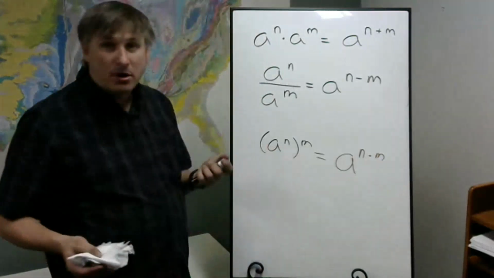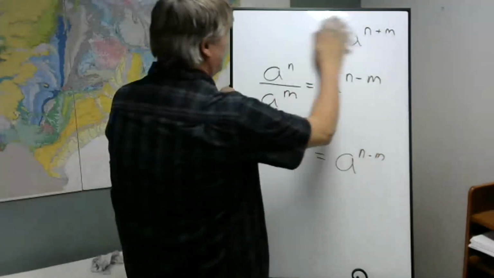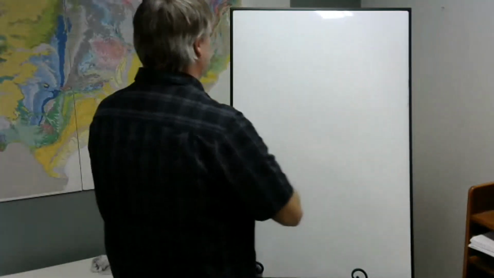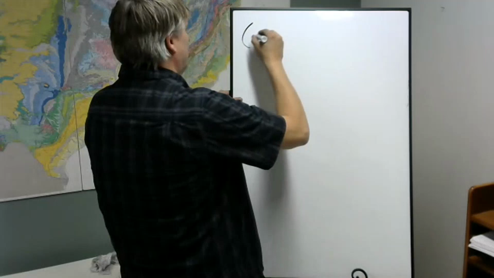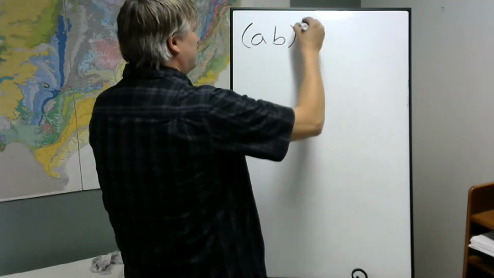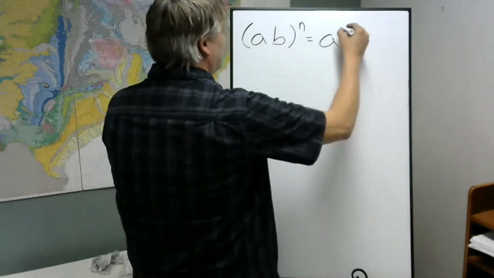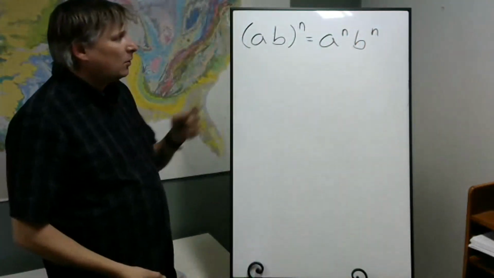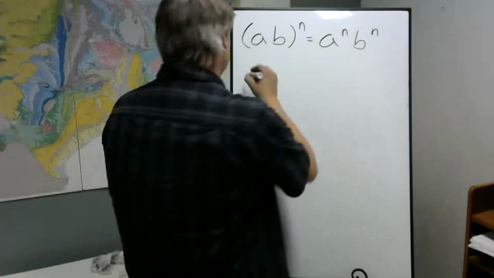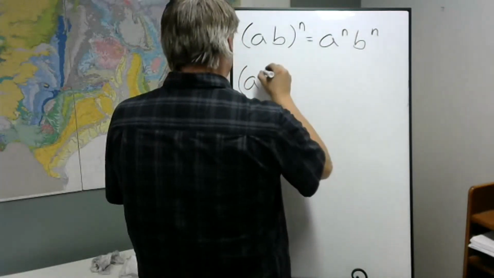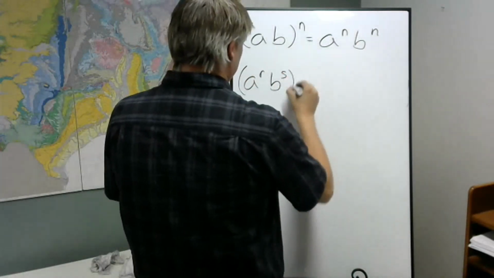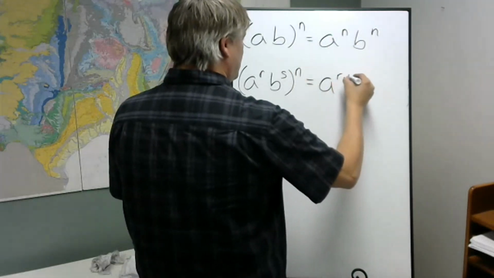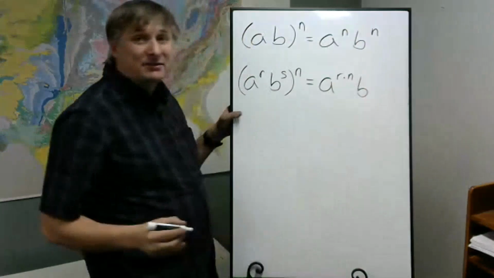Now we have distributive properties. AB to the n is a to the n, b to the n. Or if these already have exponents, we distribute the n, but as an exponent.